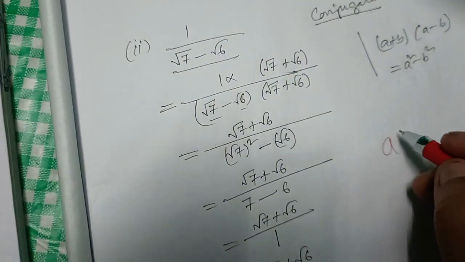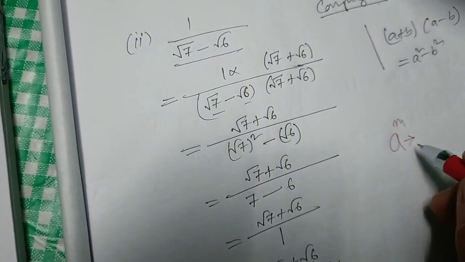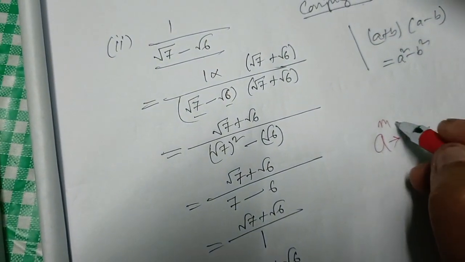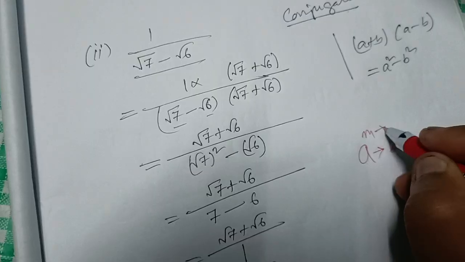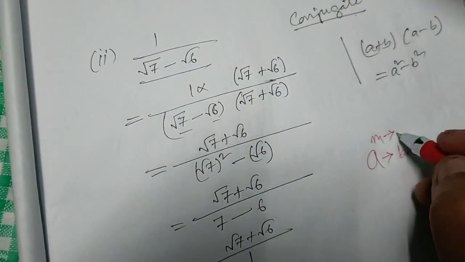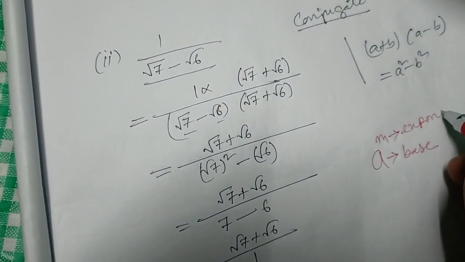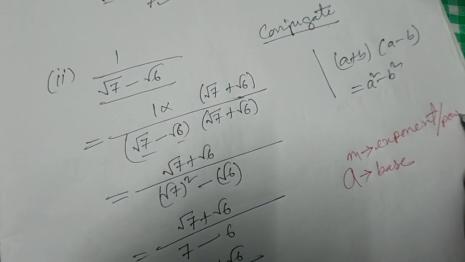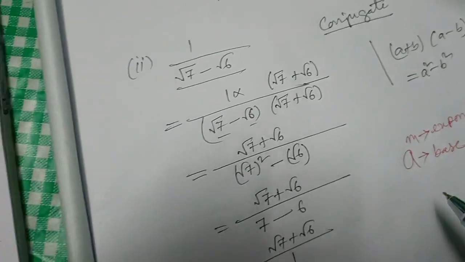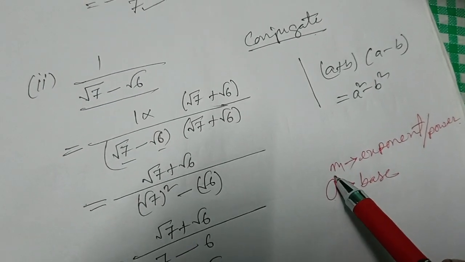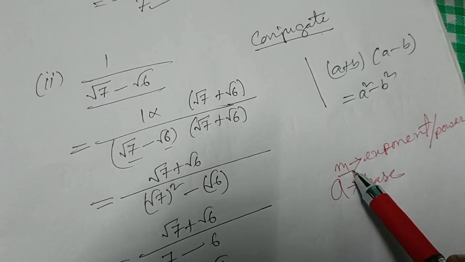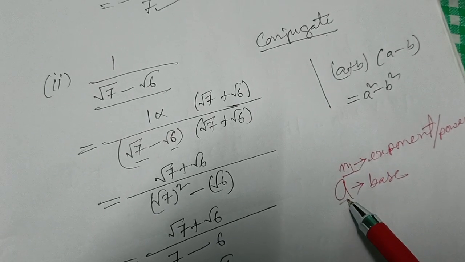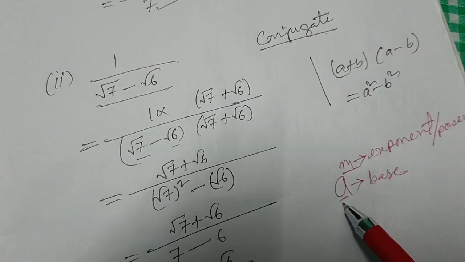When we write a to the power m, the one in the middle which you have written here is known as the base. And the term which you write as a superscript, we call it the exponent, or sometimes we call it power. Remember that. The one you write as a superscript is your exponent, and the one you write down is your base.